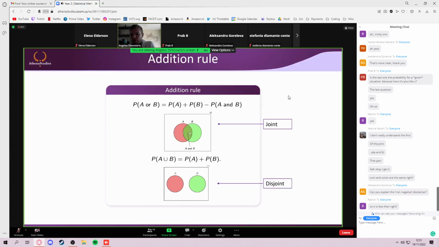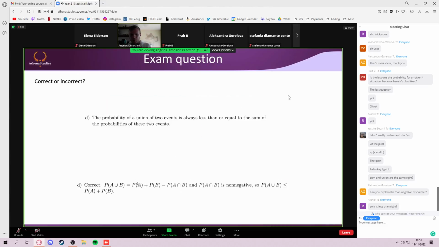The non-negative means that it's a positive value. So what's the probability of A and B to happen? It's a positive value. It might be 0.2, it might be 0.1, it might be 0.9, for example, but it's definitely a positive value. So it's like, okay, let's imagine that we don't talk about probabilities now. Let's say 5 plus 3 equals 8, right?